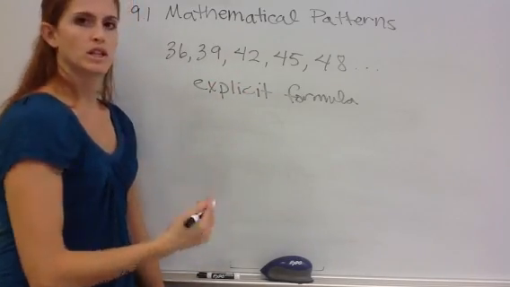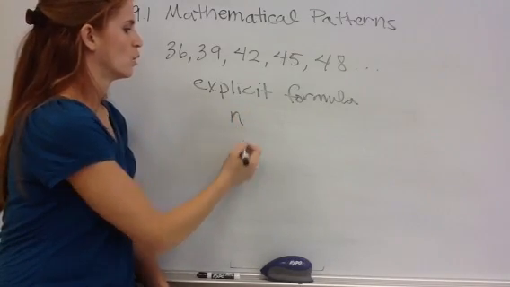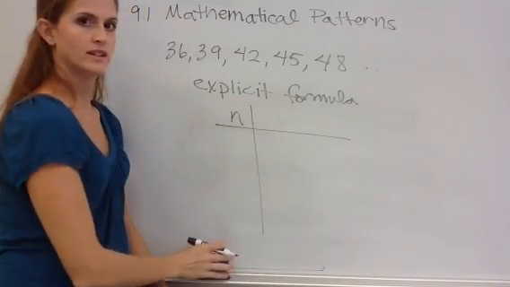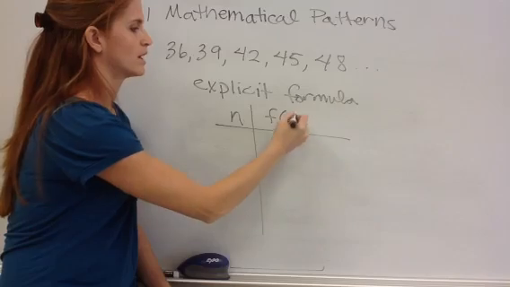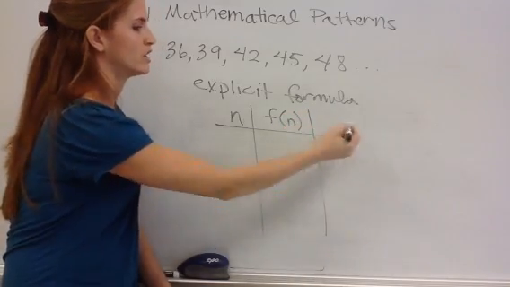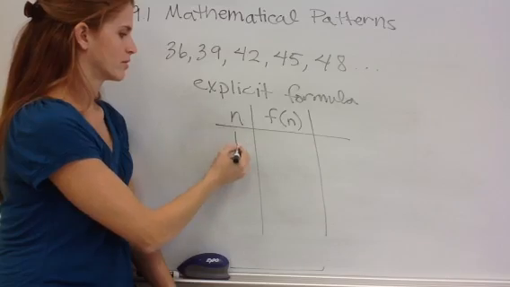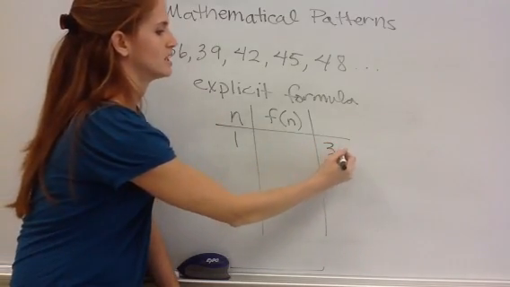So for this one, it works a little bit differently. We want to think to ourselves, okay, what is n? What term are we in? What is n? Then over here, we want our function. What are we going to do to n? And over here is going to be our outcome. So let's think about the first term. If your nth term was 1, my outcome was going to be 36.